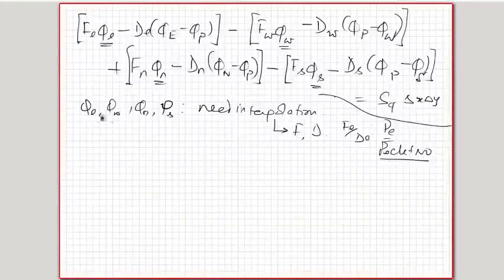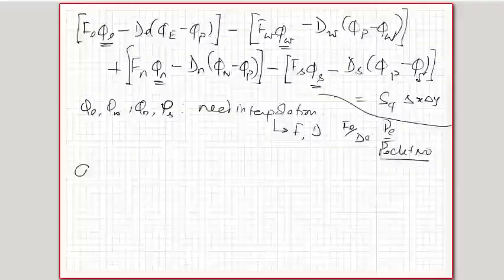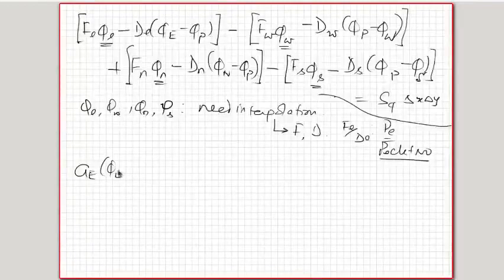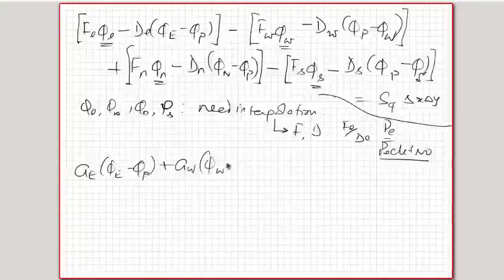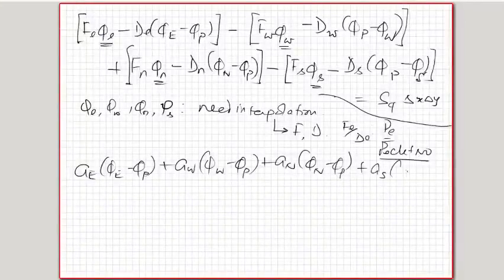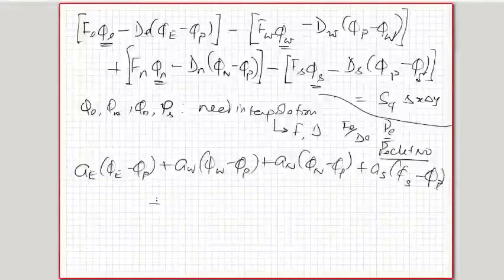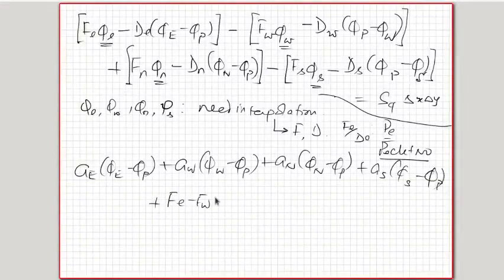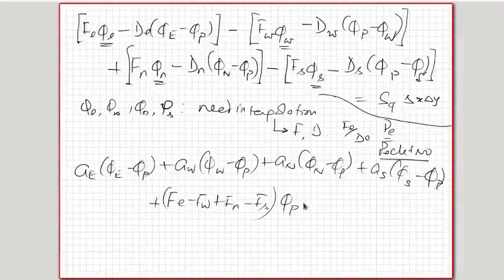If you use that and obtain these, then this whole thing can be expressed in the form of AE into phi E minus phi P, plus AW into phi W minus phi P, plus AN into phi N minus phi P, plus AS into phi S minus phi P, plus Fe minus Fw plus Fn minus Fs, multiplied by phi P, is equal to S phi into delta x delta y.